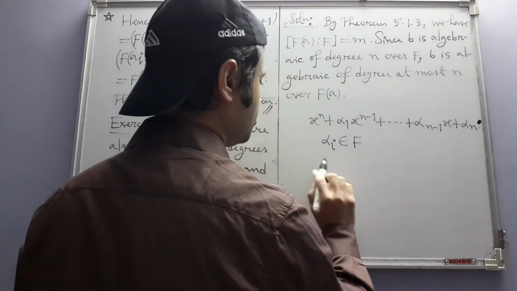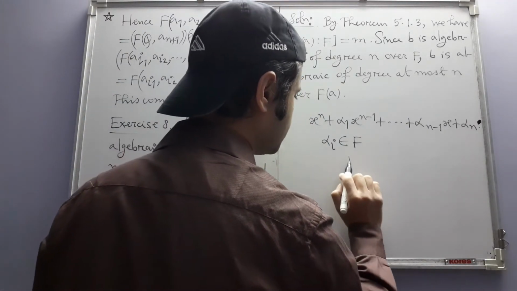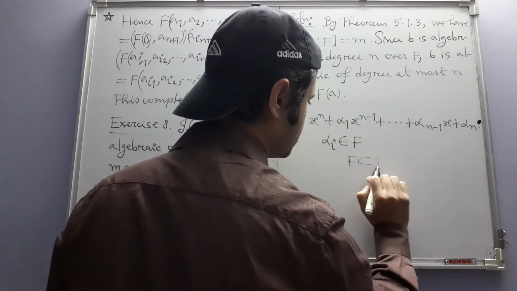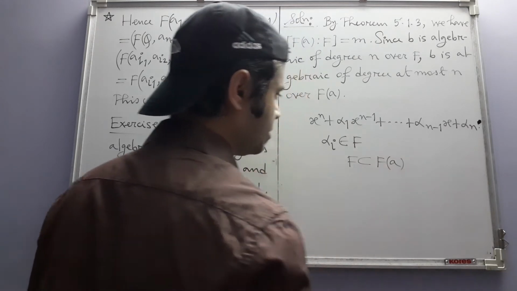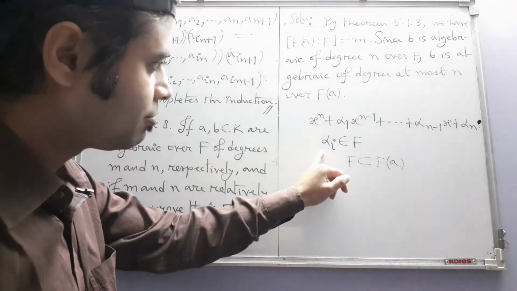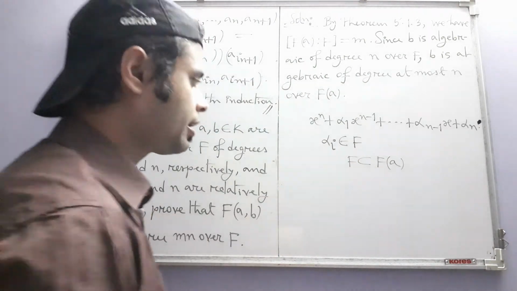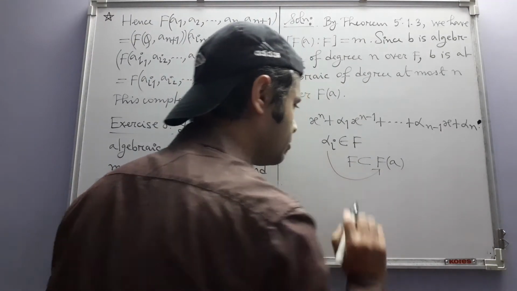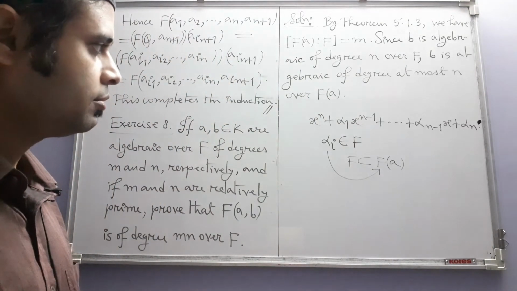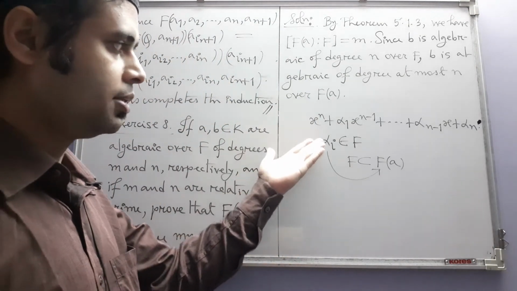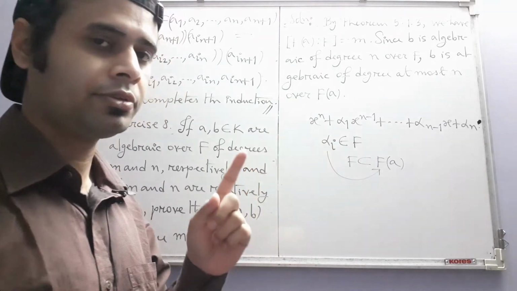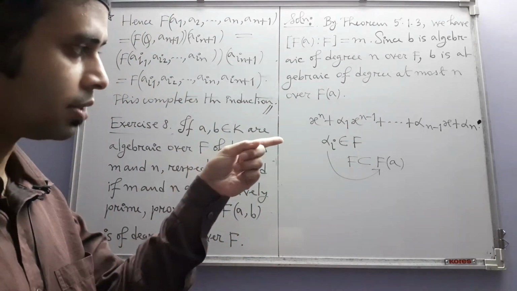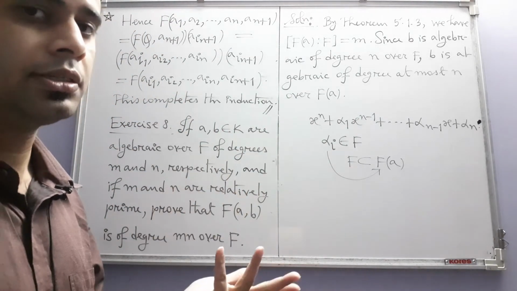Okay, now note that since F is contained in F(a) and all the alpha i's are in F, all the alpha i's are automatically also in F(a). So this, besides being a polynomial over F, is also a polynomial over F(a) that b satisfies.